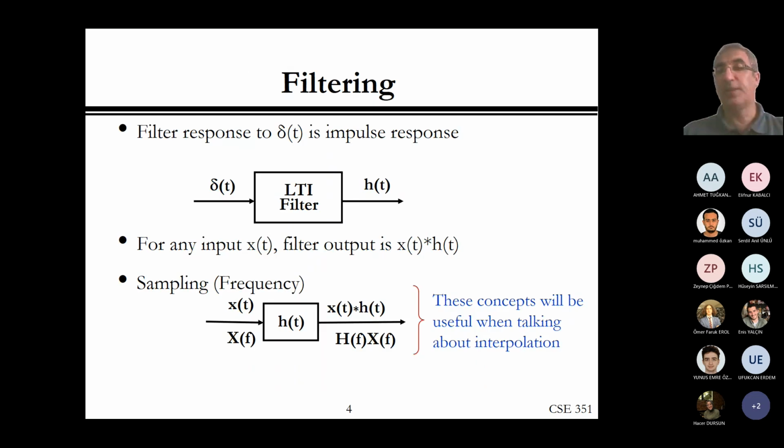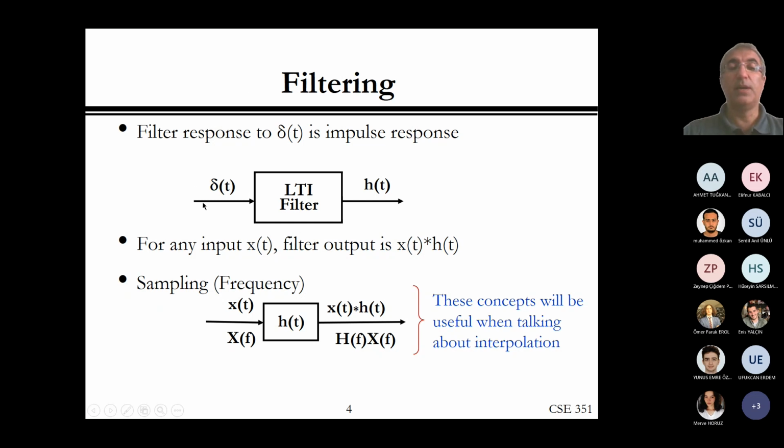So what does filtering mean in signals and systems literature? A system can actually be considered as a filter, and we have different types of filters. The system type that we consider is LTI, linear time invariant system or filter.